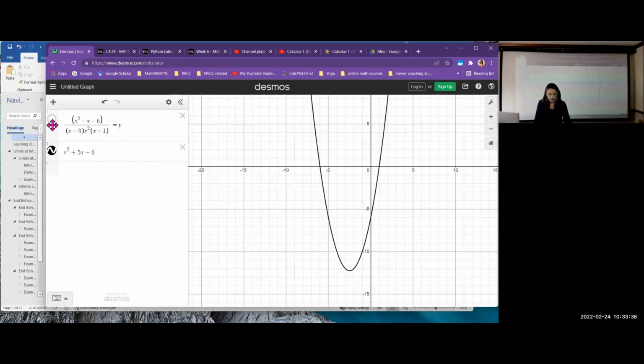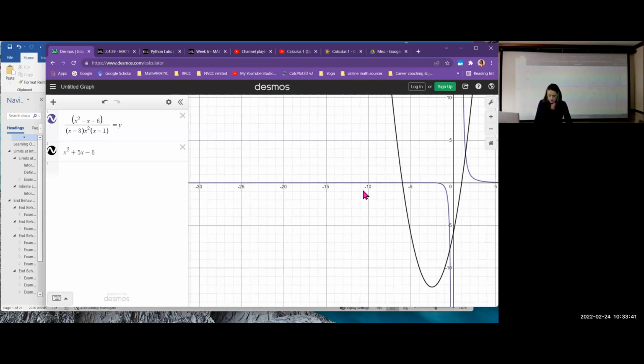And then I can have a constant limit at infinity. So if I look at this one, do you see how the graph is approaching the x-axis? That means as x is going to negative infinity, the y value is approaching 0. So I have a finite limit as x approaches negative infinity. So I have these different ideas of, do I have a vertical asymptote that would be an infinite limit as x approaches a finite value? Do I have an infinite limit as x approaches infinity?